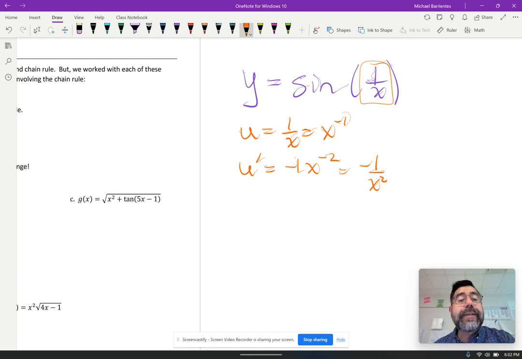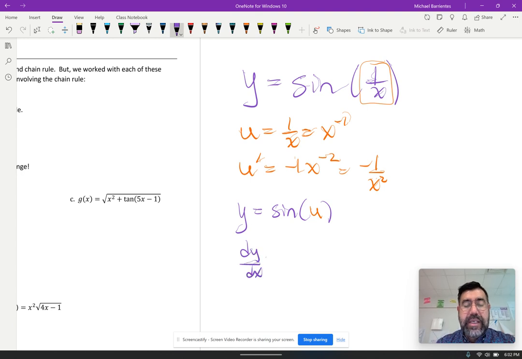And so then we said that if you think about it, y is the sine of the inside function, which we're calling u. So therefore, the derivative of y, or dy dx, is the derivative of the outside, which is cosine, with the inside still in it, times the derivative of the inside.